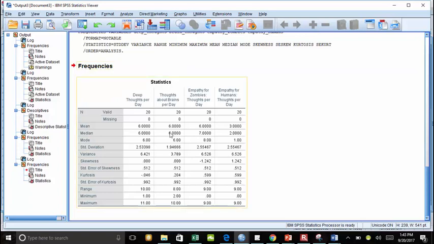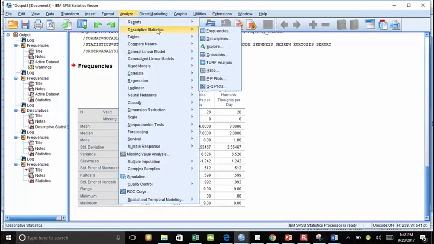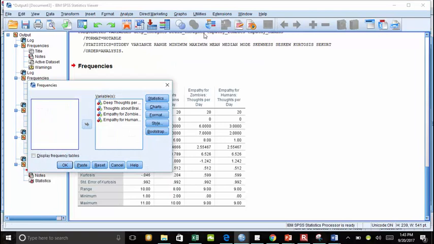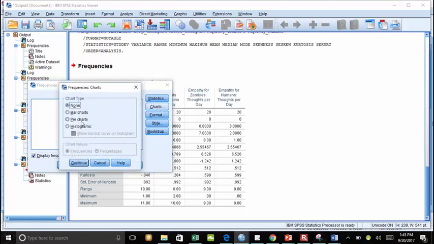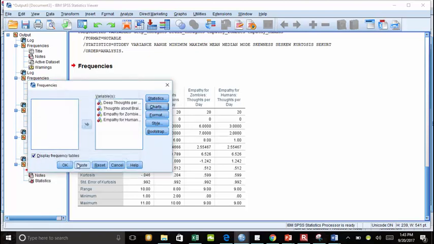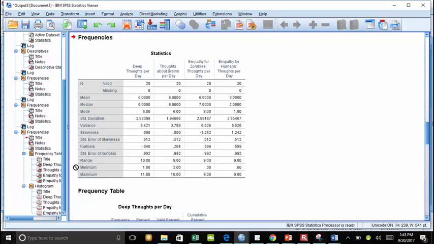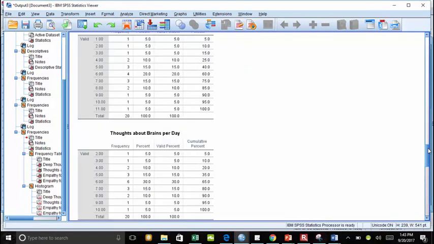You've got all your data in one quick analysis. Here are your variables, and you can go through with the mean, median, mode, standard deviation, variance, skewness, kurtosis, range, etc. So you can get a lot of information really quickly, and truthfully, if you really wanted to, you could just get your frequency distributions and your histograms, hit continue, OK, and then you get everything all at once.